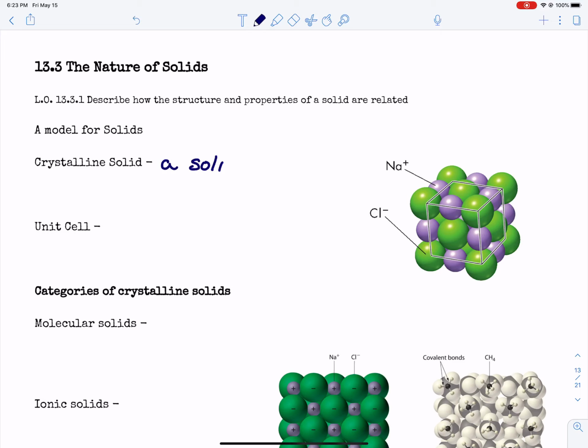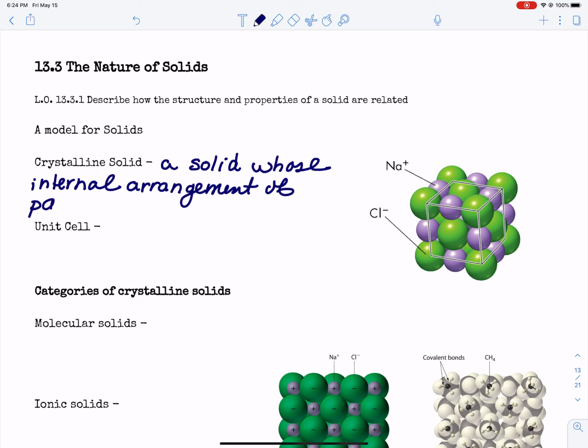So a solid whose internal arrangement of particles. And the word particles is important because sometimes they're atoms, sometimes they're ions, sometimes they're molecules.